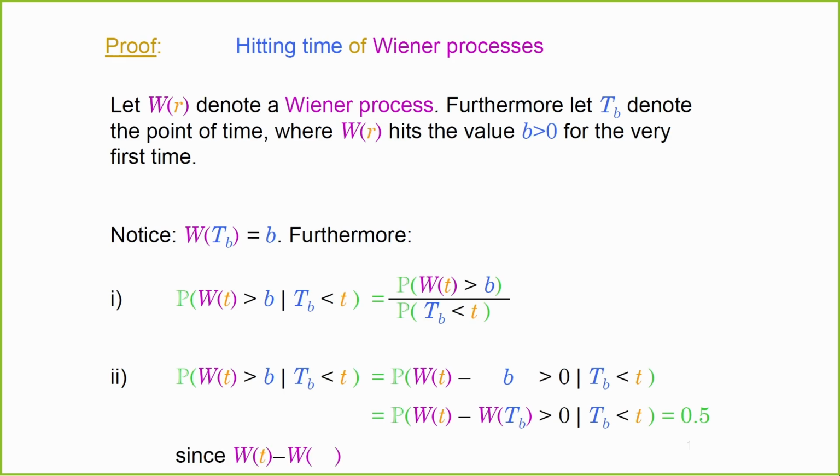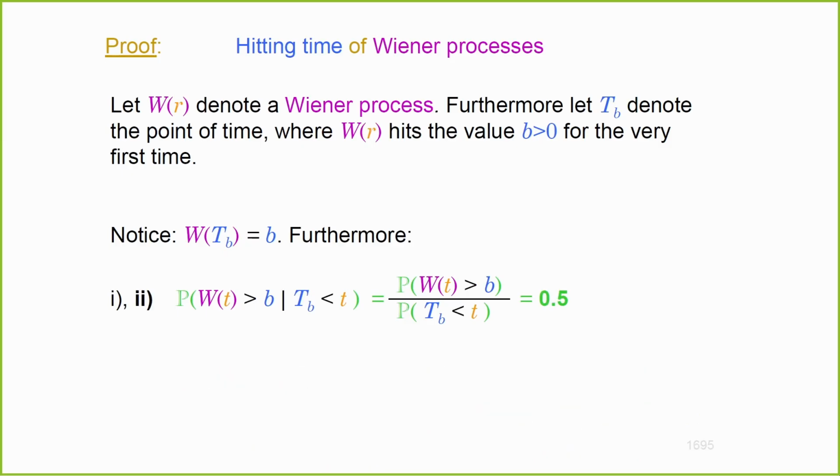Since it's a Gaussian, we'll have the increment here, and this is going to have mean 0, which illustrates that this probability is going to be 0.5. So on the one hand, this probability is 0.5, and this is equal to that, you can see.